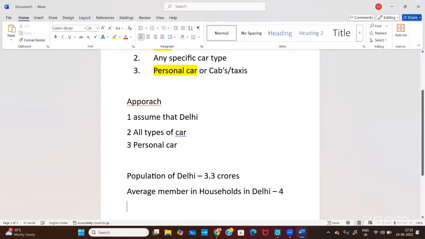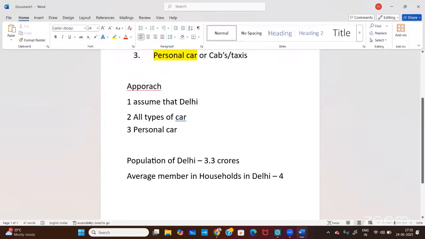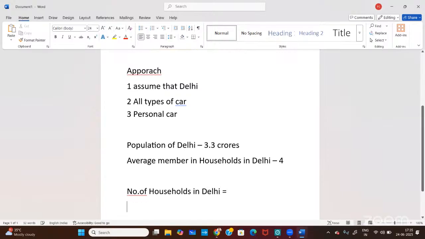Now, to find how many households there are in Delhi, we'll have a formula: population divided by average members in a household. So we divide 3.3 crores by 4, which gives the number of households in Delhi.